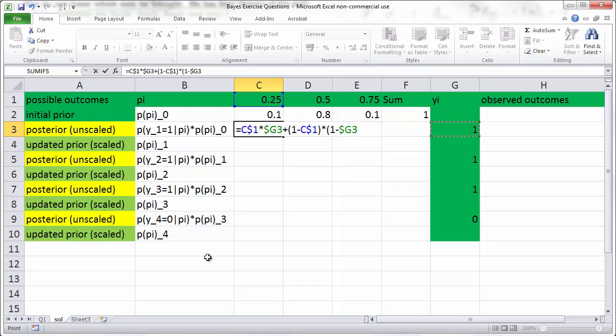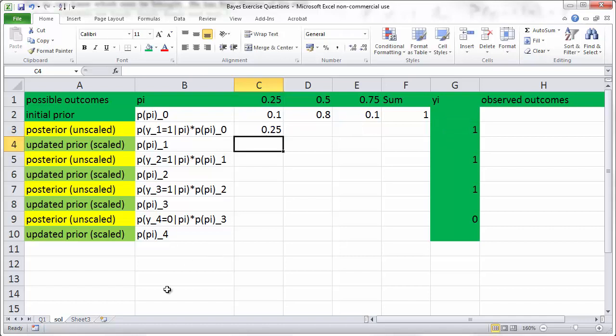So I'll write both parts of the likelihood function here. And I just link that to the pi values in row 1. So you can try and replicate this spreadsheet, but if you understood what we did on the previous sheet, you can get all the right results as well. So we need to multiply this result with the prior value.